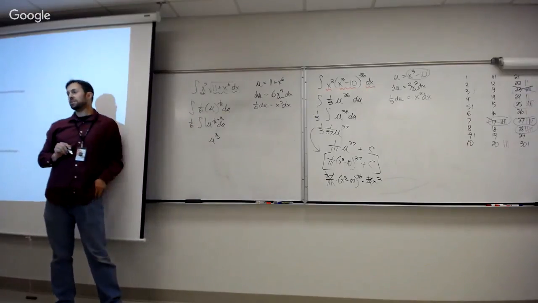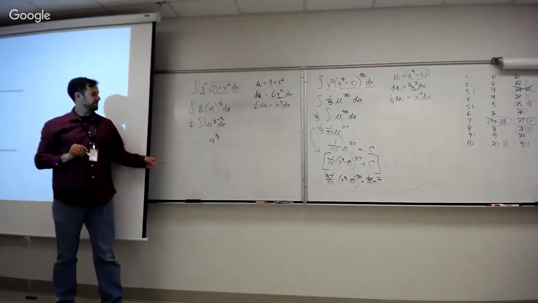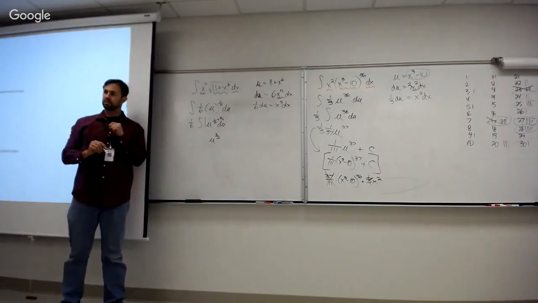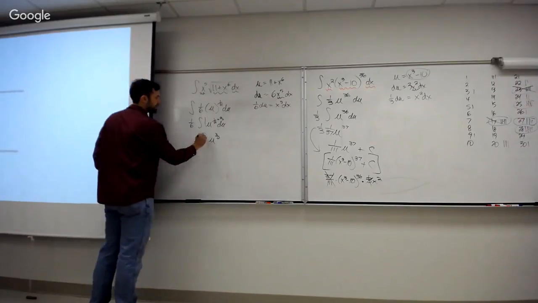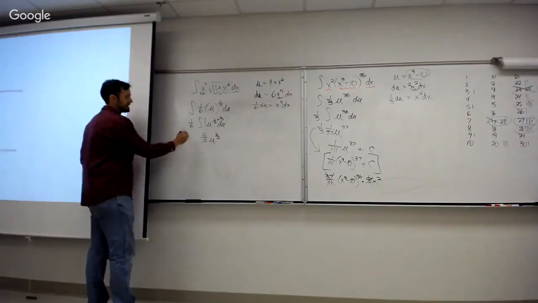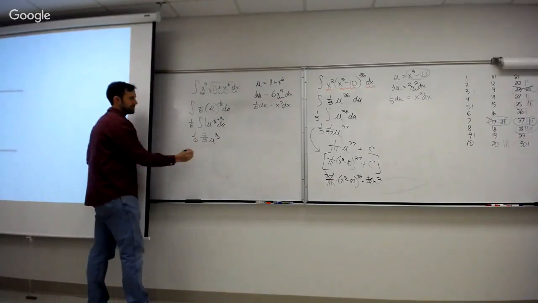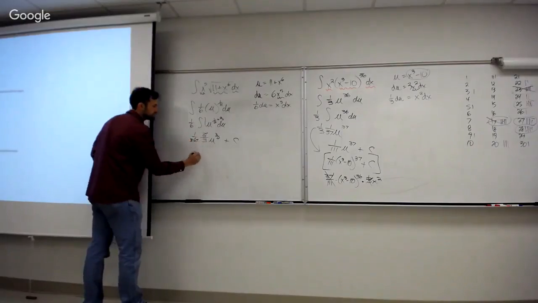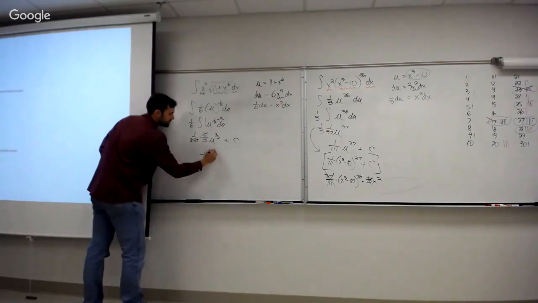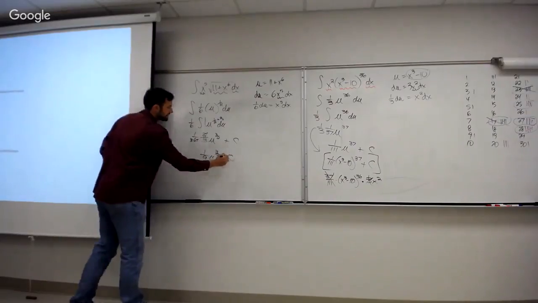That one you can do in your head. Just write down the answer. 1 divided by 3/2 is? It's just 2/3. You just write down the reciprocal. And that's being multiplied by the 1/6 that was out front. And we have a plus c, so this is all what? 2 goes into 6 3 times, that's 1/9 u to the 3 halves plus c. Is that correct so far?